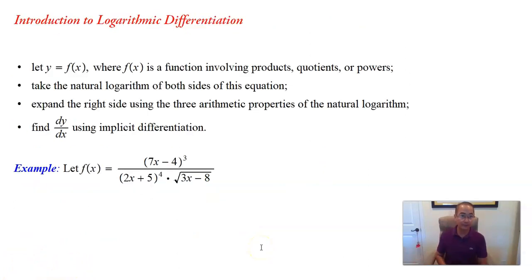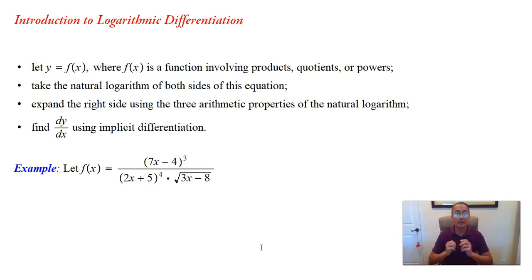All right, so for our final topic, we are going to introduce the process of what is called logarithmic differentiation. To find derivatives, we have sum, difference, product, quotient rule, chain rule, implicit differentiation. Logarithmic differentiation is yet another tool that we could use to find the derivative of some functions. Not all.